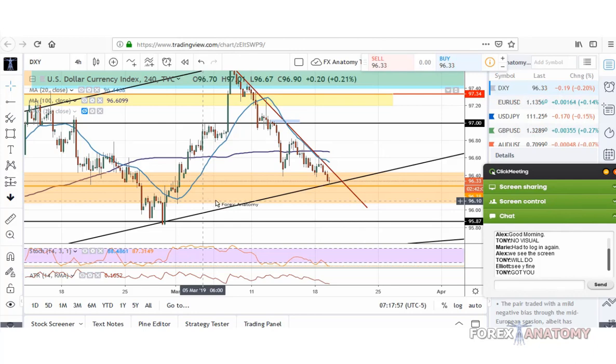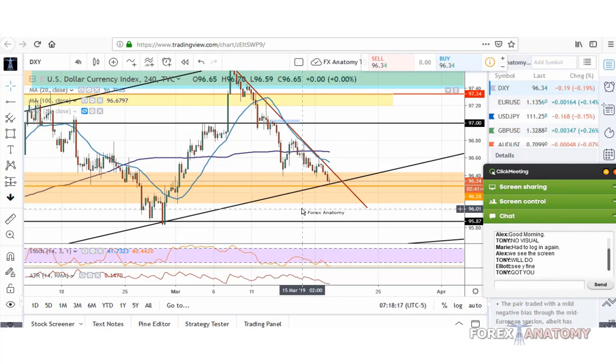That's something to be mindful of, because the Dixie is about 56%, I always get those numbers confused, but it's about 50% weighted in euros. Euro is the heaviest currency within that particular basket of currencies in the Dixie.